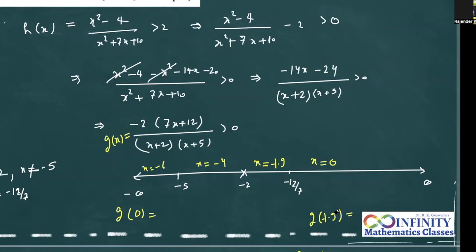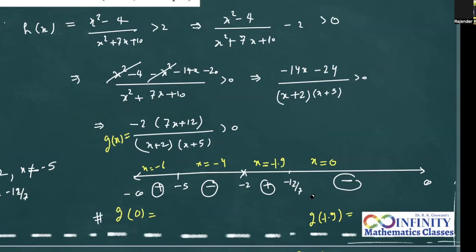So you need to just choose the values and try to tell me the values. So I'm expecting that this is going to be negative sign, this is going to be positive sign, this is going to be negative sign, and this is going to be positive sign. Can you please verify the facts? Or I can leave them as a homework for you to test. Will you be able to get the values of g?